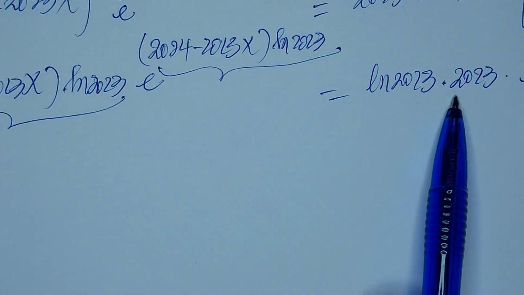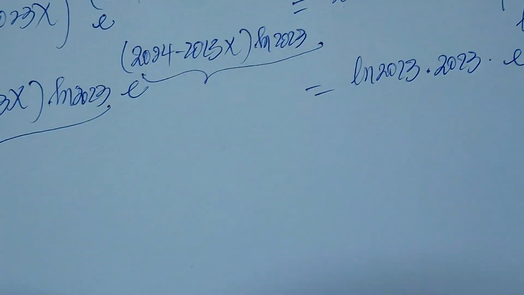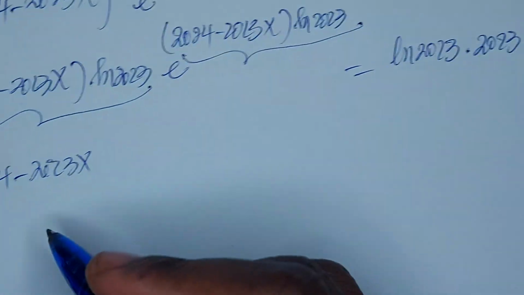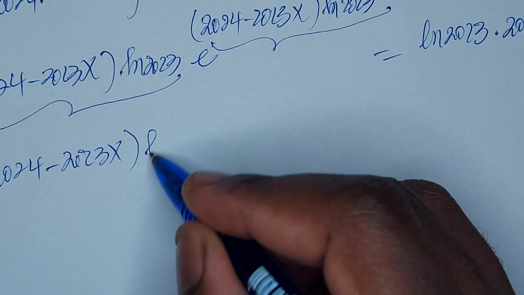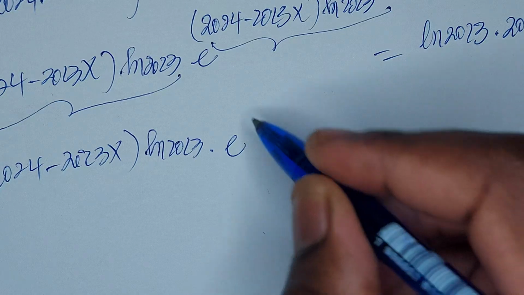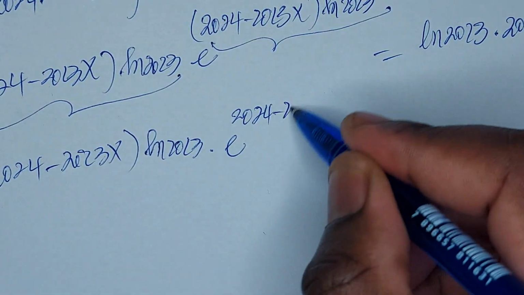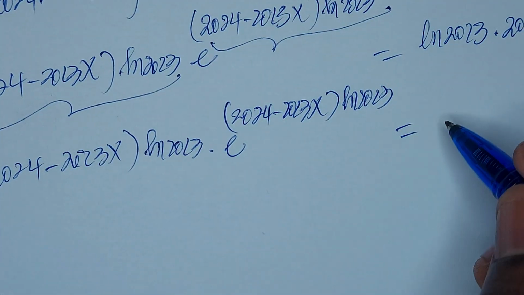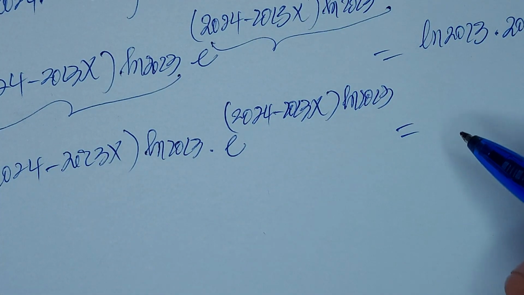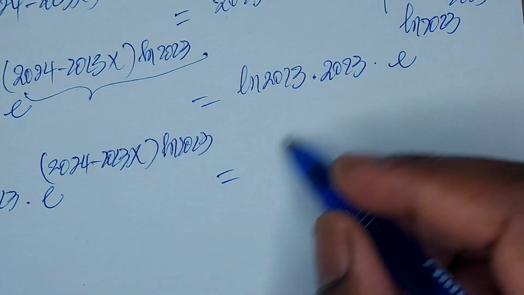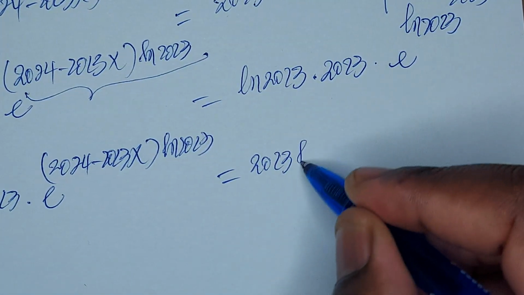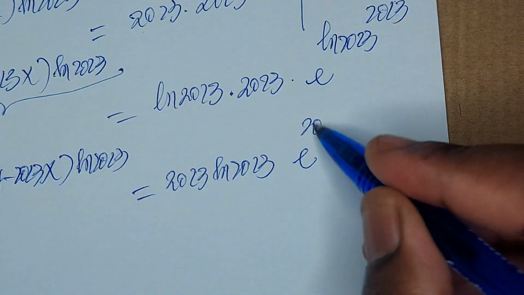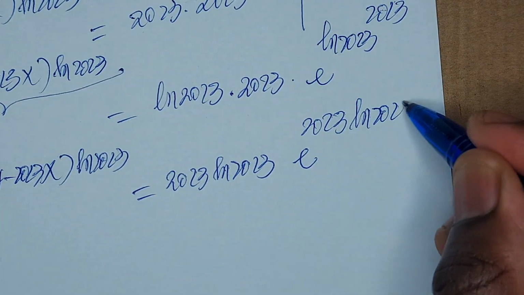But before we apply it, let's work on the other side too, so that for them to be the same, we apply it once and for all. ln of 2023, e to the 2024 minus 2023x, which multiplies ln of 2023, is equal to 2023 ln of 2023, and this is going to be e to the 2023 ln of 2023.